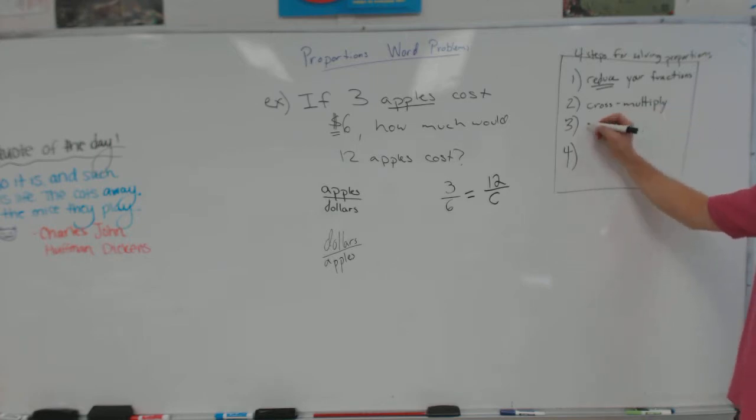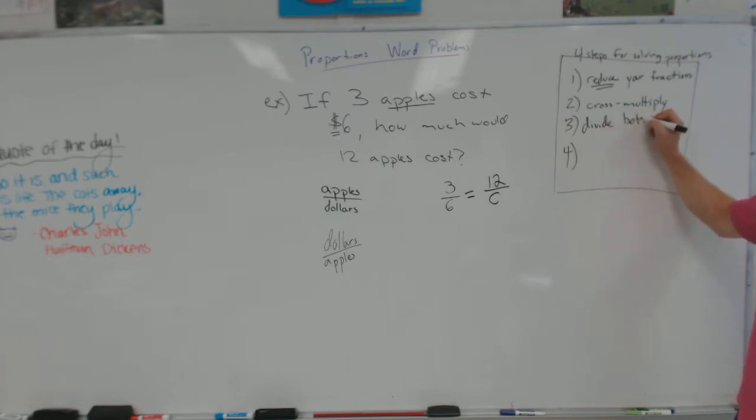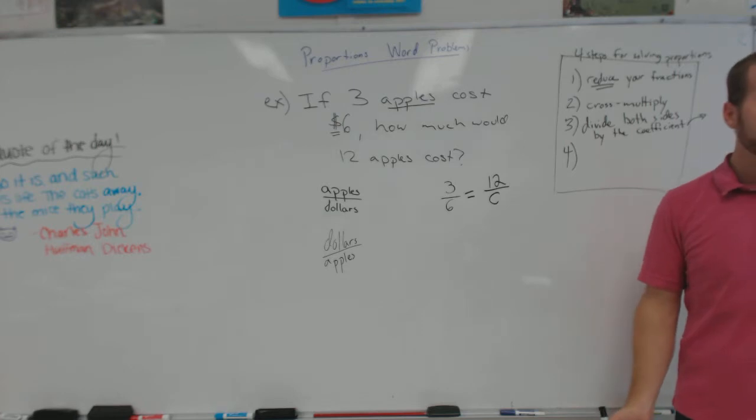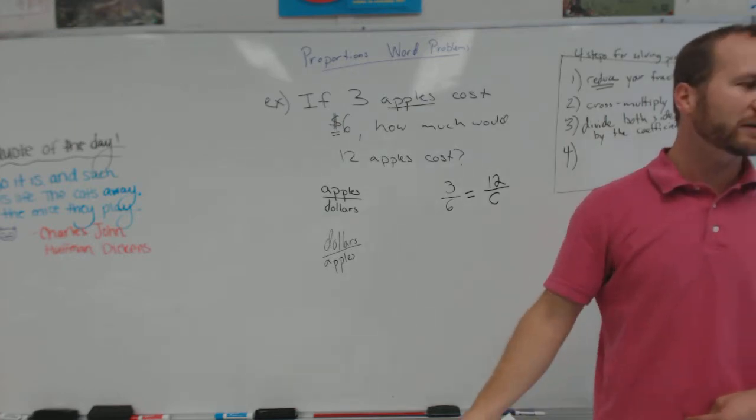Third step, divide both sides. Isn't it divide by the coefficient? By the coefficient. Right? And if you don't remember what a coefficient is, make a note to yourself. Right? Your notes are supposed to be helpful to you.